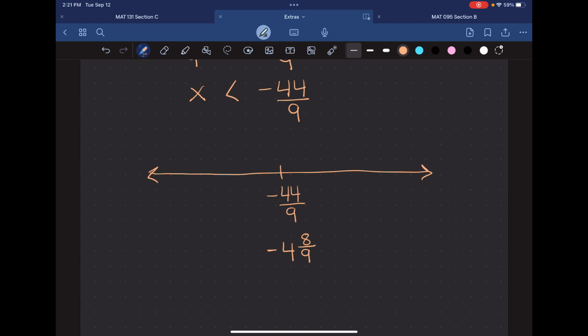And that's going to be between negative 5 and negative 4. And if I want to indicate all numbers that are less than negative 44 ninths, those are going to be all of these numbers over here. And I want to indicate that I'm not exactly at negative 44 ninths, so I'm going to put an open circle around where negative 44 ninths is. And that's how I specify that this is less than, not less than or equal to.